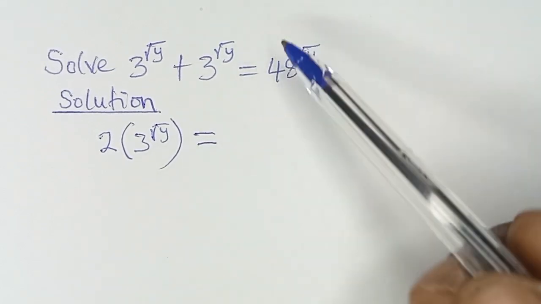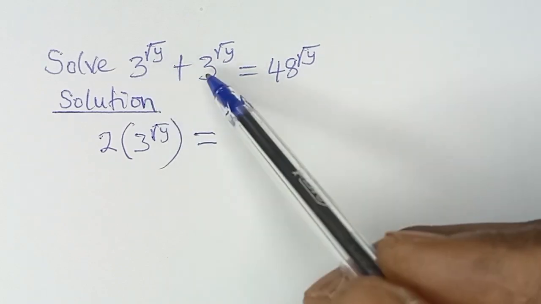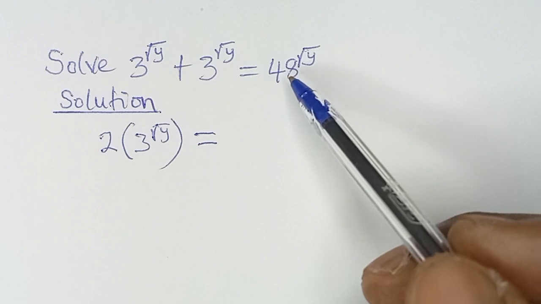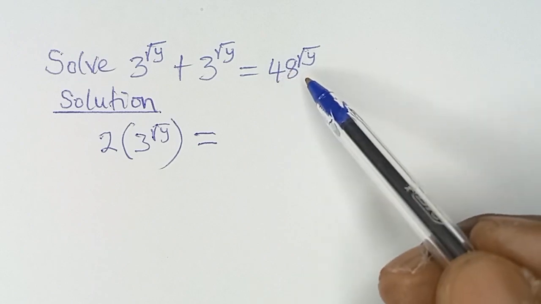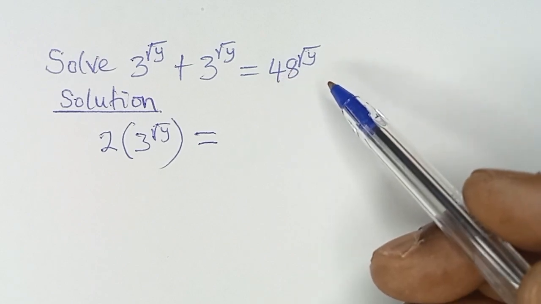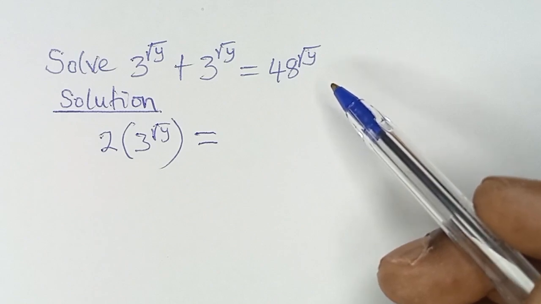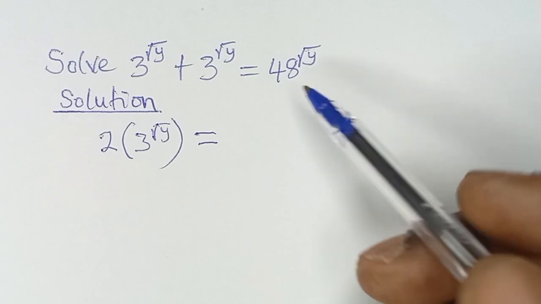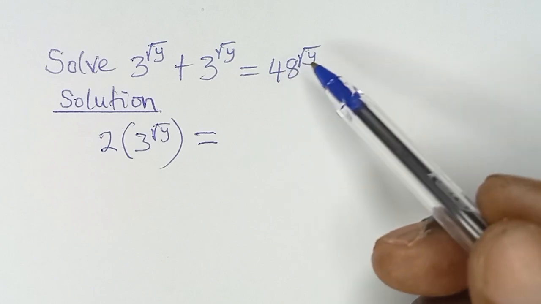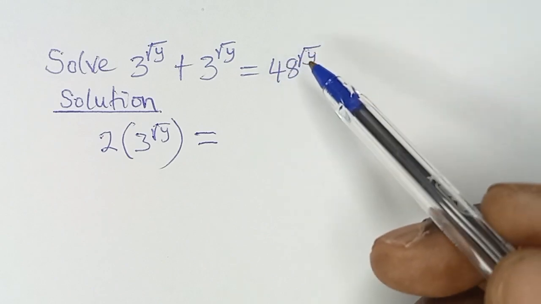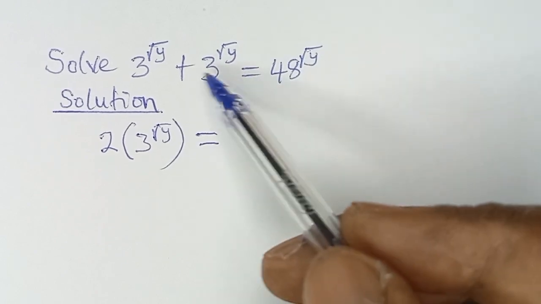48. Now, if you look at this, we have base 3 here, base 3 here. So it will be better to also break 48 into a value that multiplies 3. So you agree with me that it will be better to use 16 multiplied by 3. Don't forget, we also have 12 multiplied by 4, we have 24 multiplied by 2, but those ones don't have the base 3.